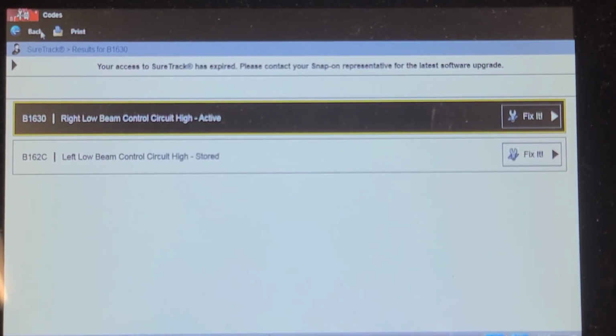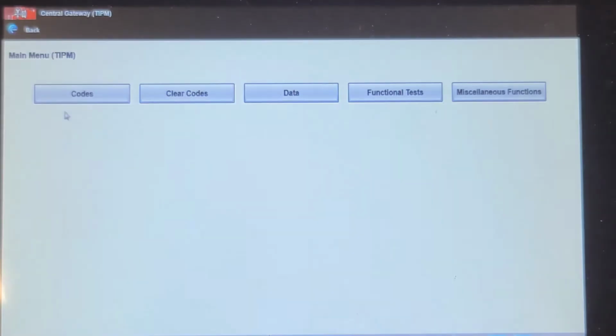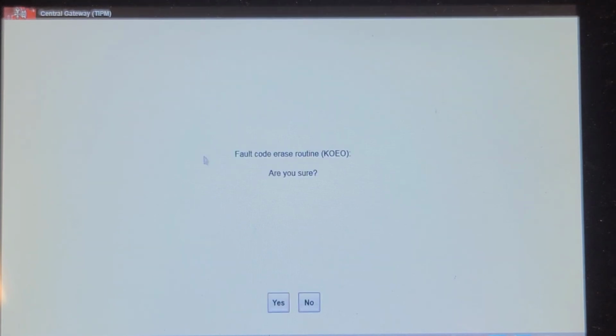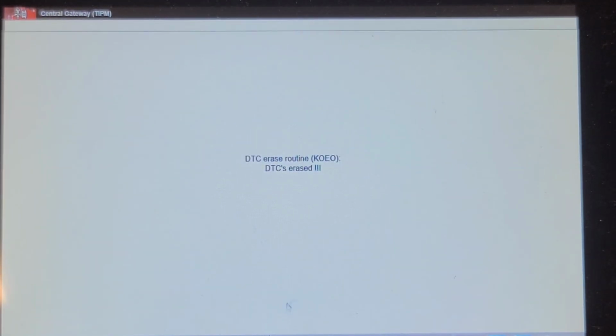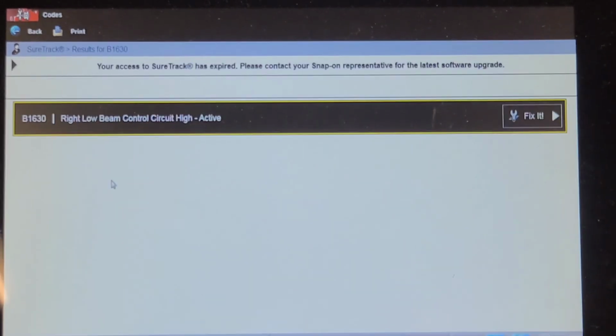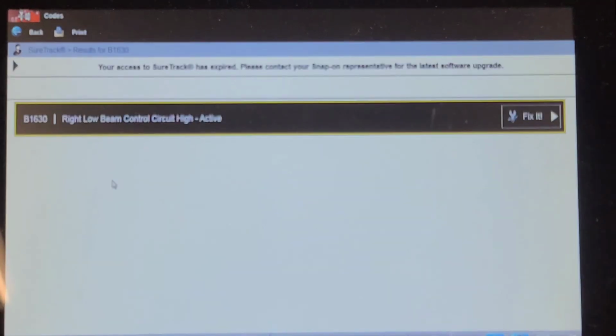Okay, I plugged in a conventional headlight bulb on the left side. Let's clear the codes. Codes erased. Let's go back and read them. So we got the right low beam code because it's still got the LED in it.